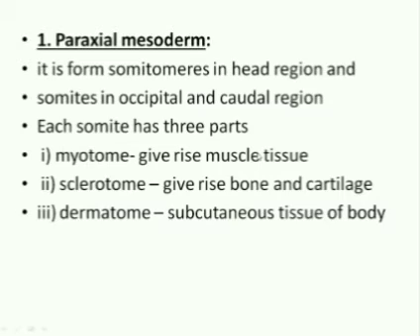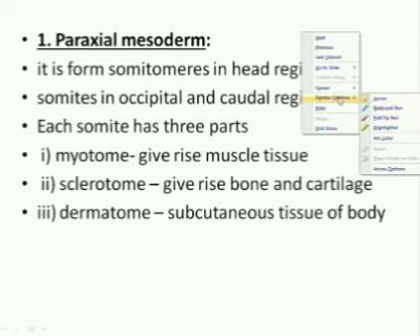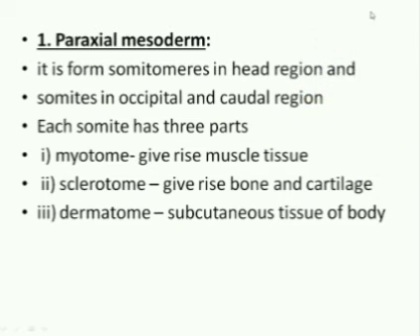In the head region they are not completely segmented, just continuous; this structure is known as the somitomere.